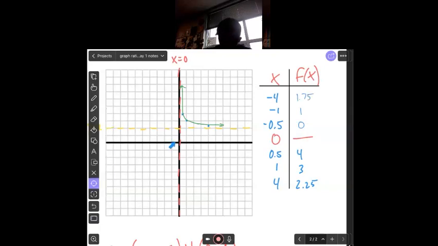So negative half, 0, should be right here. Negative 1, 1. And negative 4, 1.75. Right there.